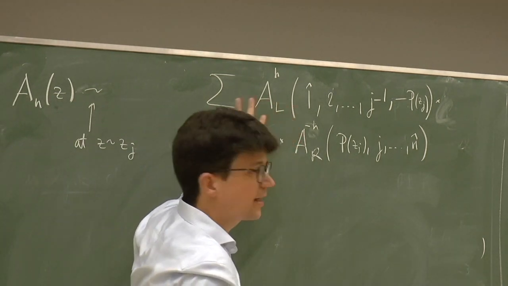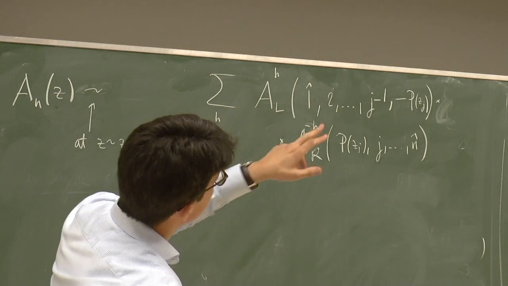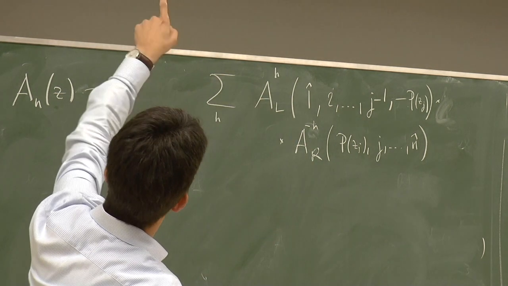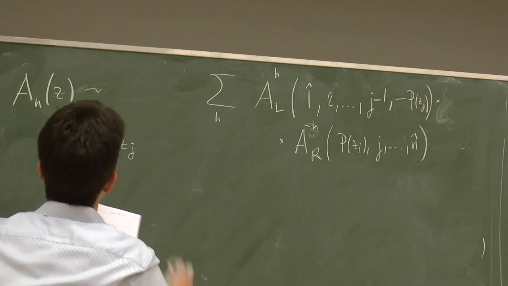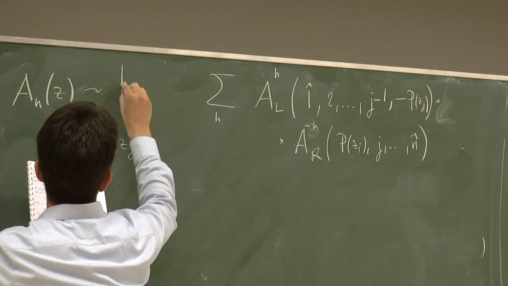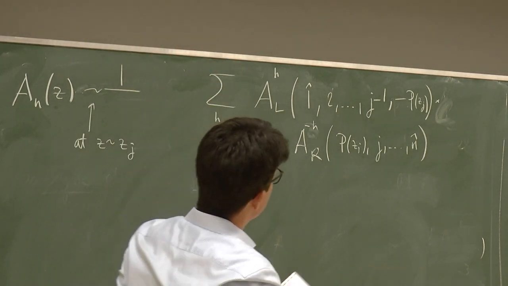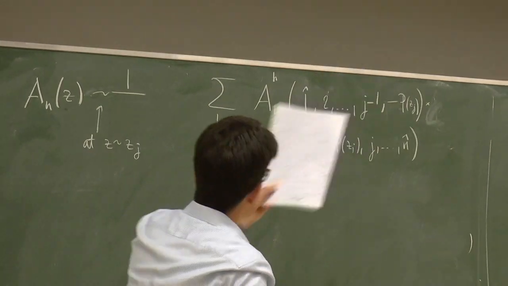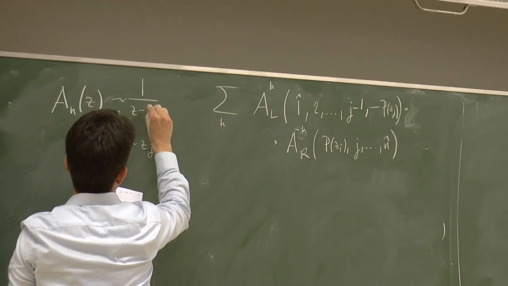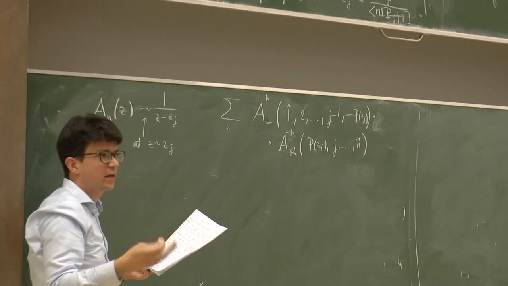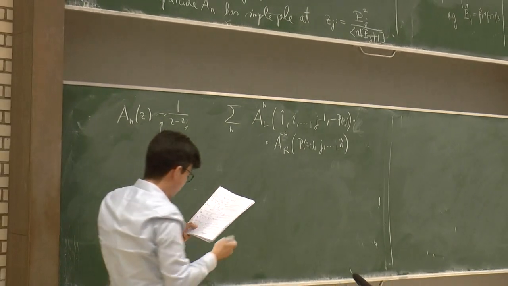The one thing I've taken out is basically the propagator, which we analyzed up there. One can rewrite this a little bit, and then one can express what we had up there in terms of the values at j. So you can just write this as z minus zj, making very clear the pole in the complex plane.